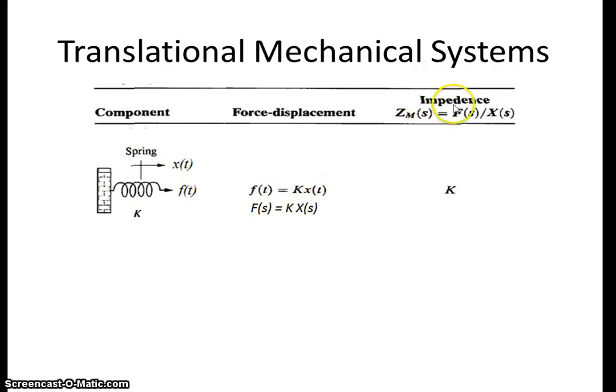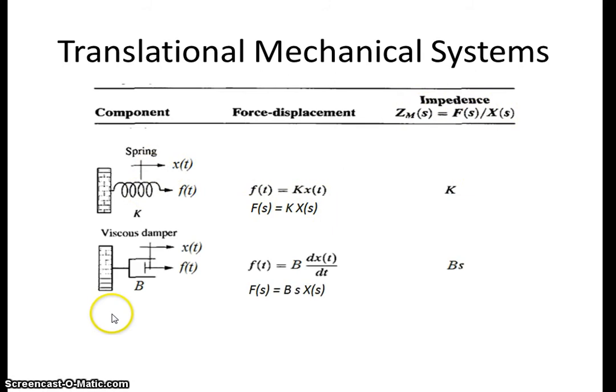If we introduce a variable which is referred to as impedance in this modeling, Z, it will be equal to the force divided by the displacement in Laplace. So if we have the force divided by the displacement, then the impedance of a spring will just be equal to K.